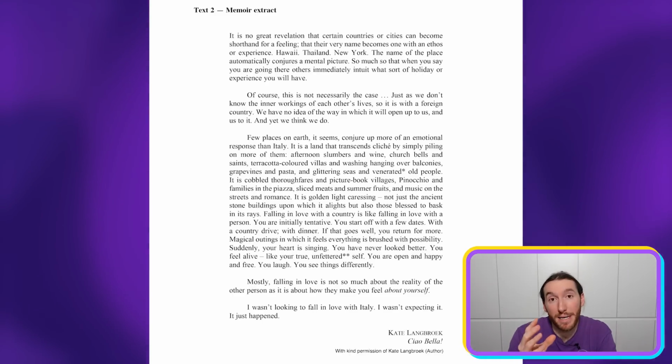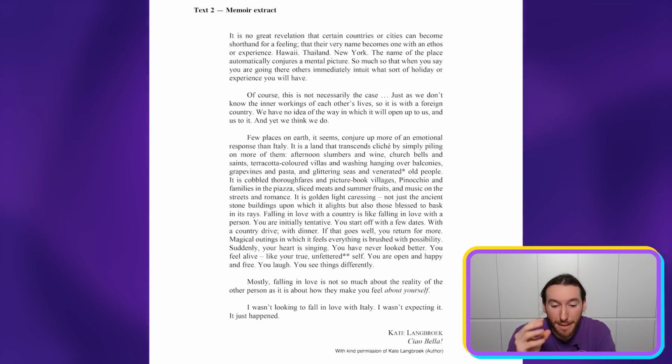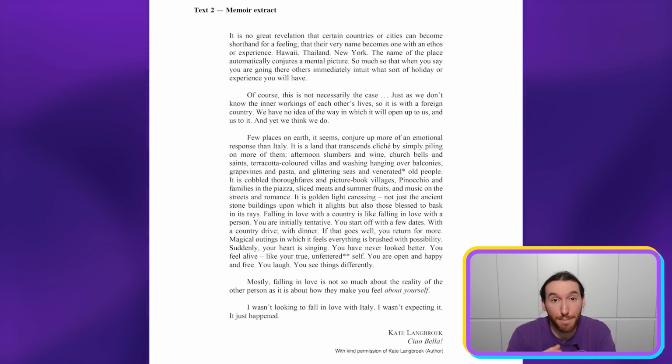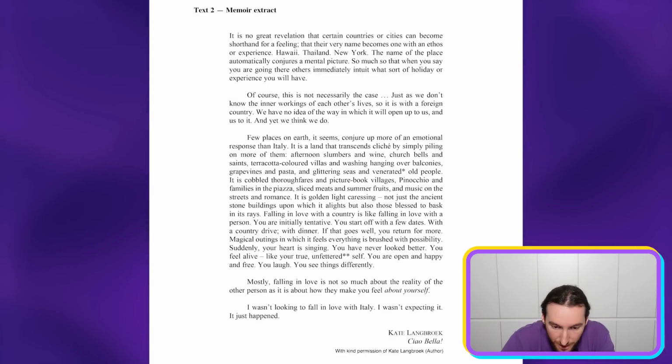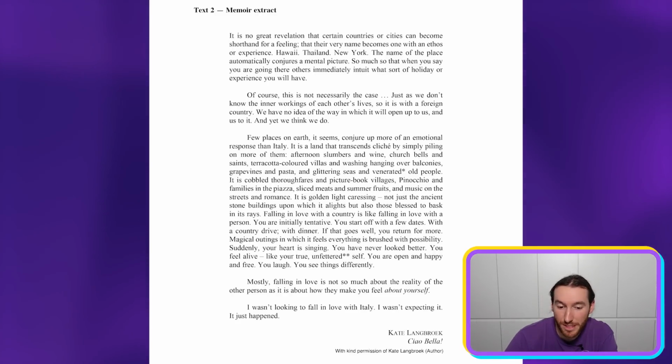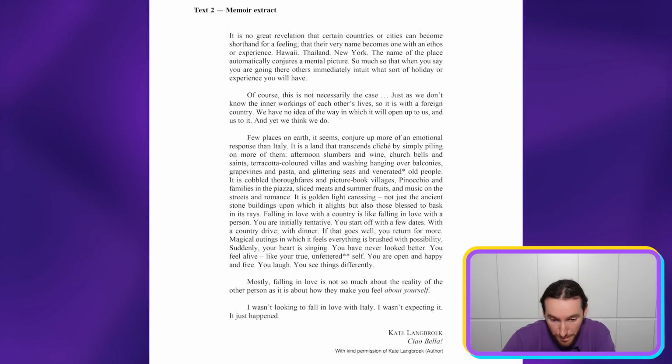Now, again, I'm still coming up with the topic sentence here, but I'm just scanning through the piece to get a sense of the different types of evidence and points that I want to make that will stem from that topic sentence. "Few places on earth, it seems, conjure up more of an emotional response than Italy." So it's very explicitly responding to this question. So it's talking about Italy. Let's see if we can find some techniques here. "It is a land that transcends cliche."